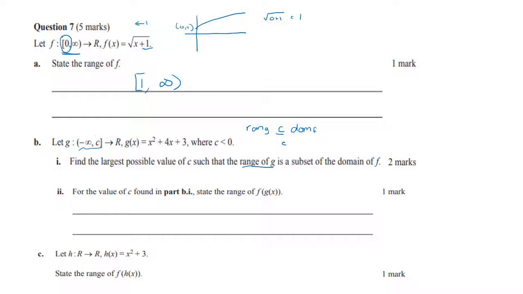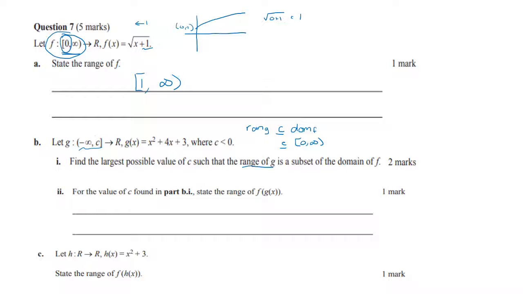Now, the domain of f we know because we had that before. It's 0 to infinity. So we need to figure out what the range of g is going to be so that it will fit within 0 to infinity.